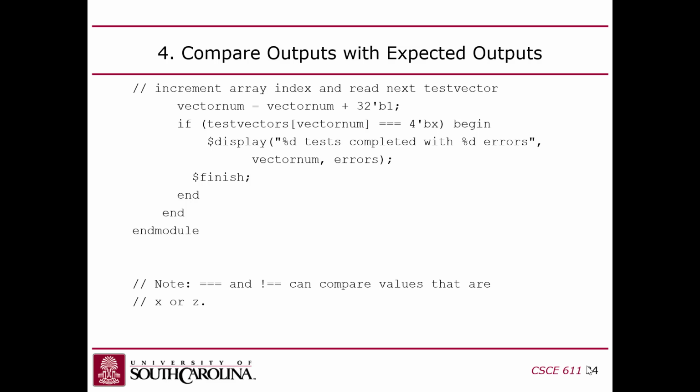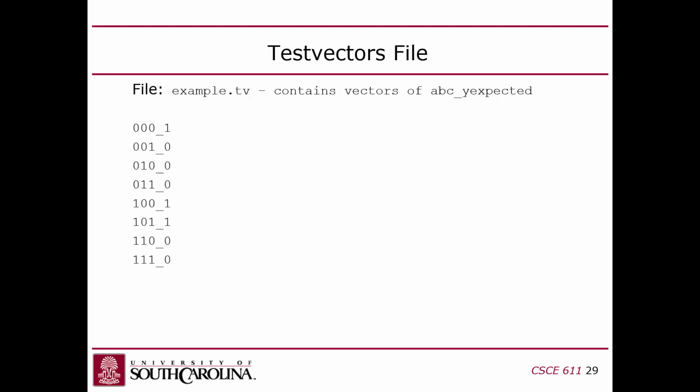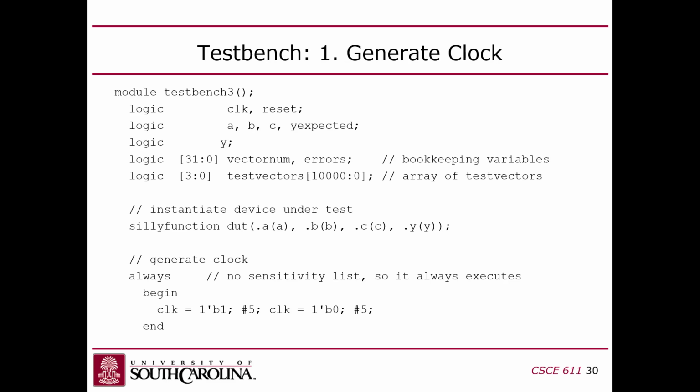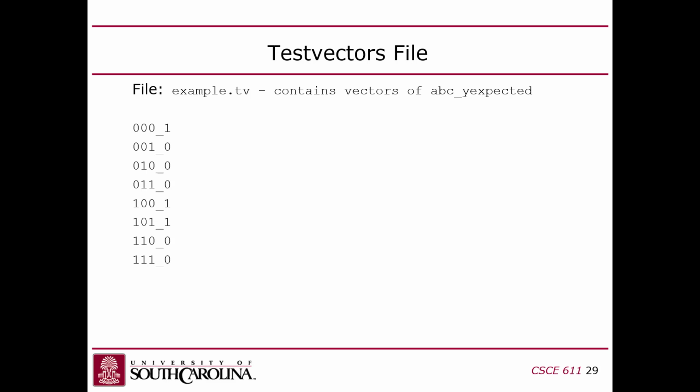When the test vector, notice I declared test vectors as having 10,001 depth? I declared it with 10,001 depth, but the actual file only has 8 lines in it. So the 9th line all the way up to the 10,001st line will just be populated with don't knows, X's, right?